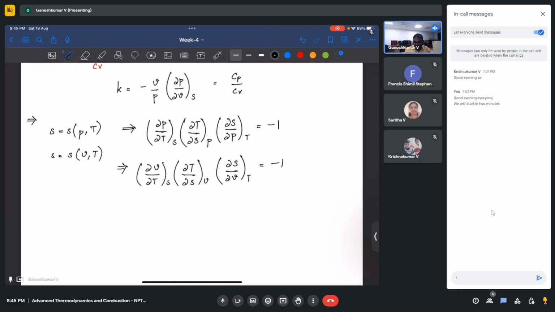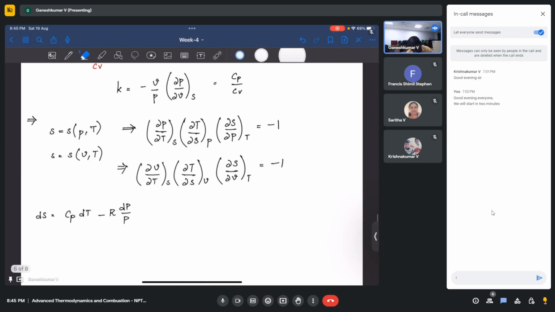Now we know what Cp is, right? We know that dS is equal to Cp dT/T, and I think minus R dP/P, if I remember correctly, right? So Cp dT/T minus R dP/P.